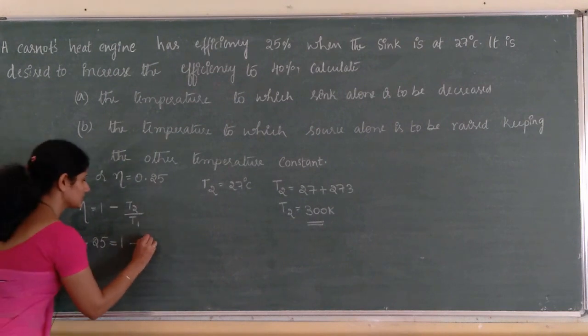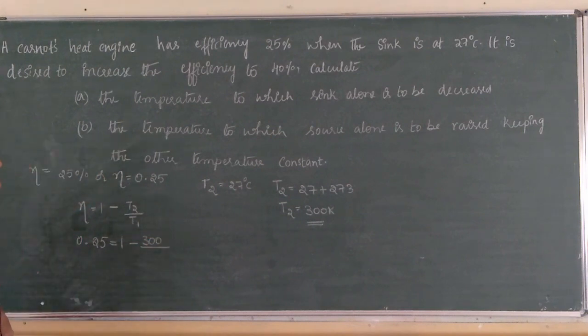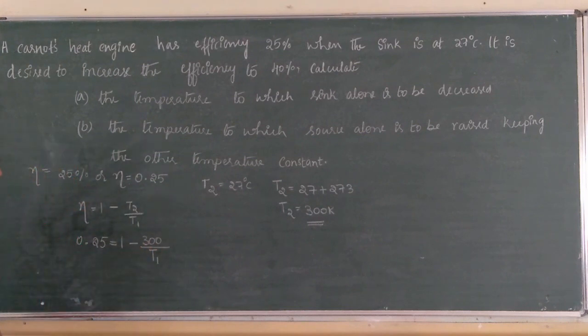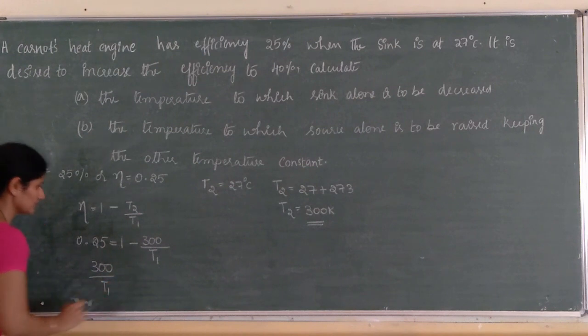T2 is 300 divided by T1. We have to calculate the value of T1.